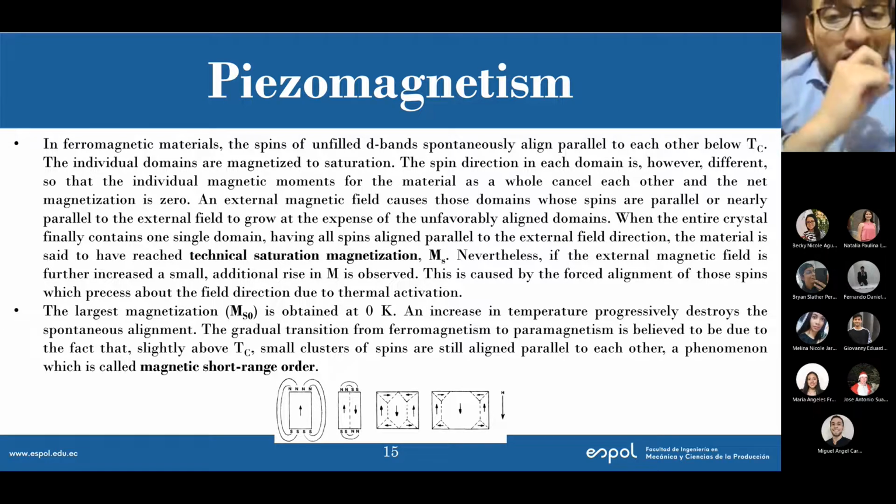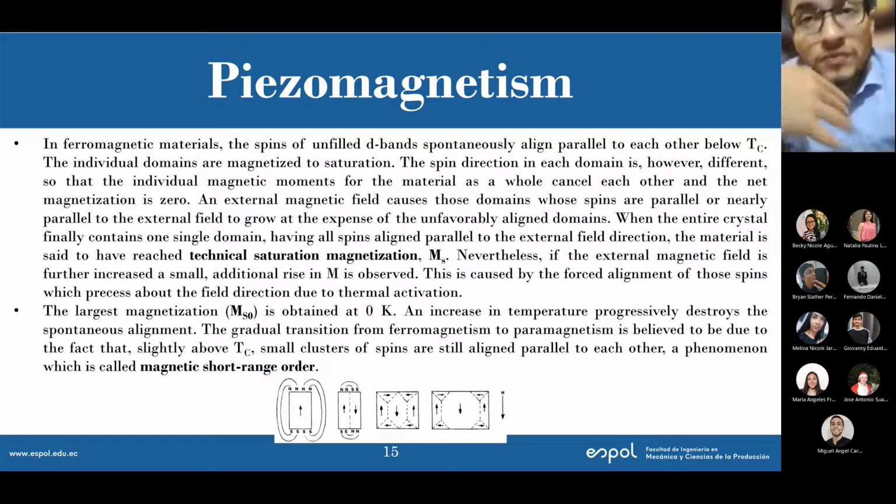The spin direction in each domain is different, so that the individual magnetic moments for the material as a whole cancel each other, and we have a net magnetization of 0.